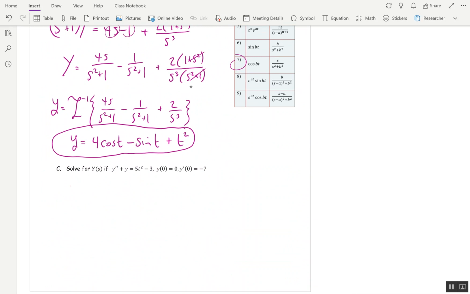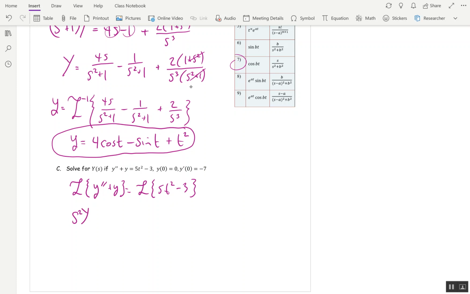We start off like we start all problems that when we're solving for a DE, we're going to take L of both sides. Y double prime plus y equals L of 5t squared minus 3. All right. S squared big Y minus s y of 0. Well, y of 0 is 0, so that term will be 0.